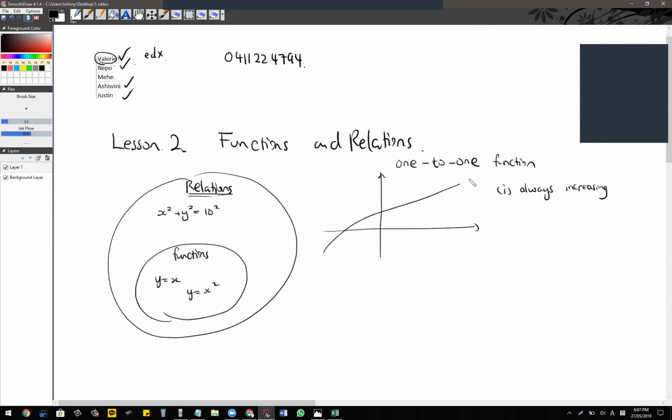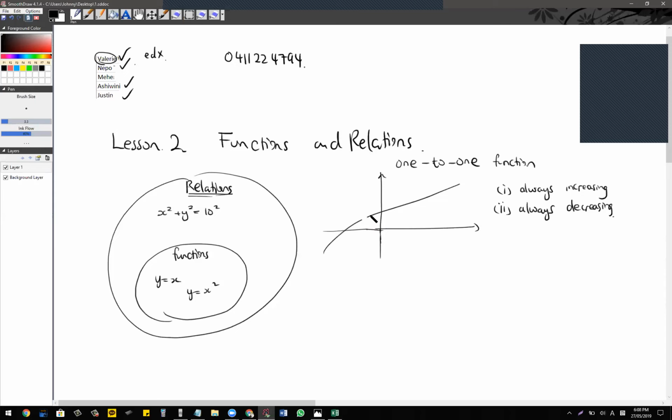You can see that this function here is always increasing, right? If you have something like this one, that's a strictly decreasing function, isn't it? So that's always decreasing. It's very simple. I'm going to get rid of this red line for simplicity.